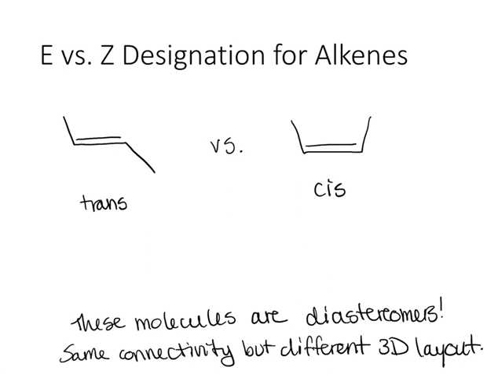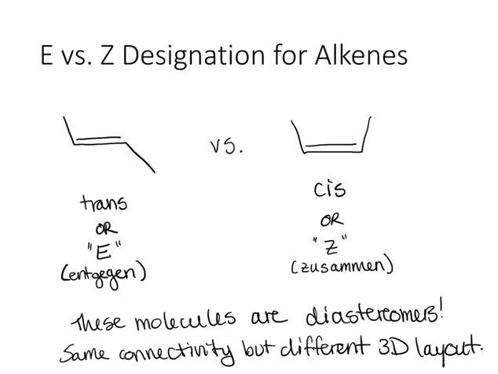We could call the trans alkene E and the cis alkene Z. So E comes from, I believe, the German word entgegen. Z comes from the German word zusammen. So entgegen means opposite, zusammen means same.